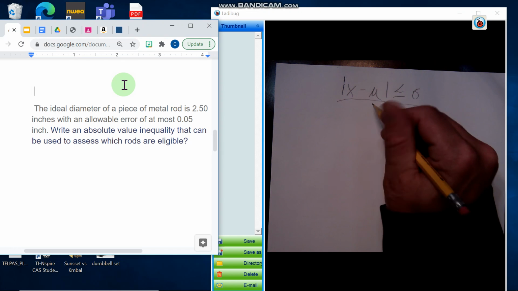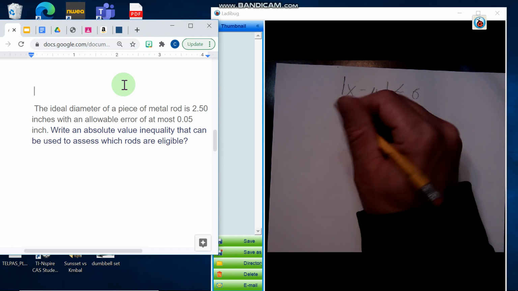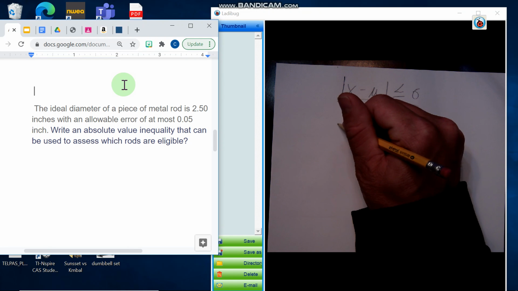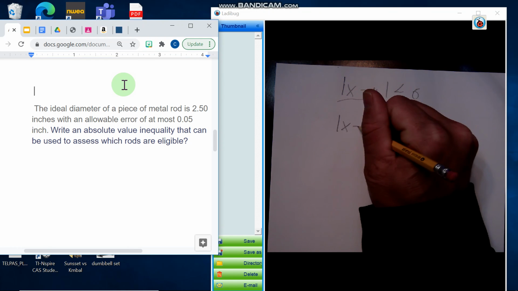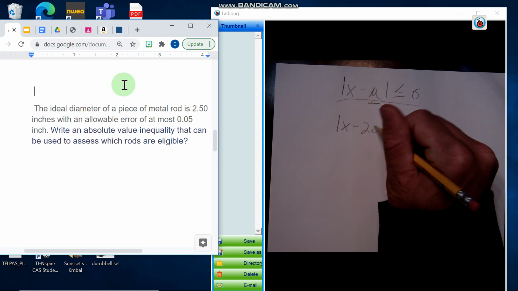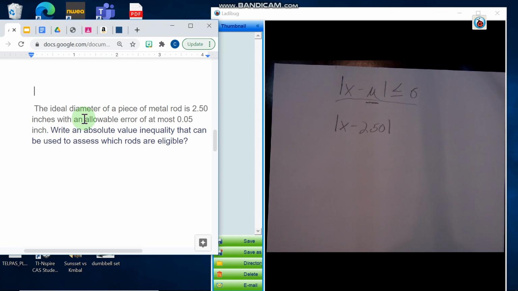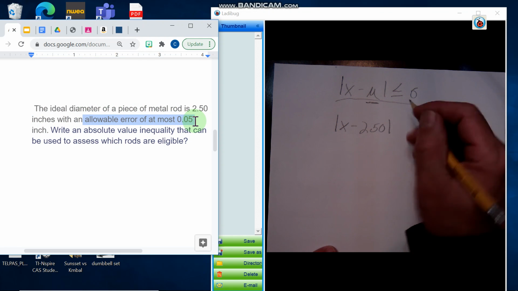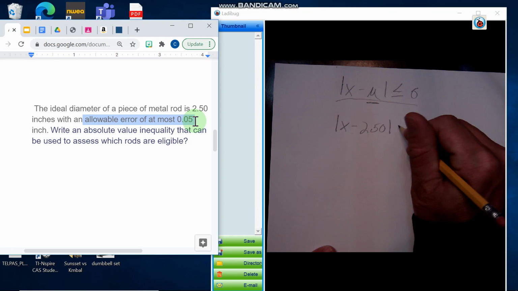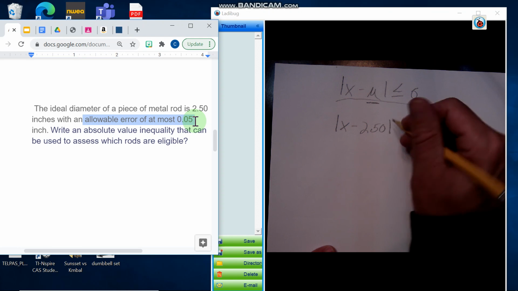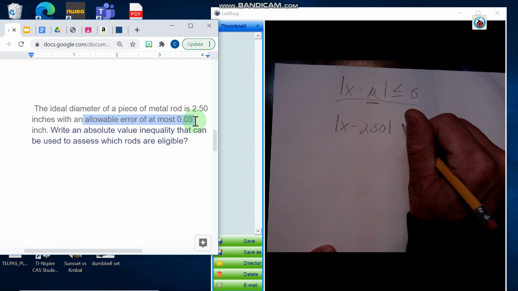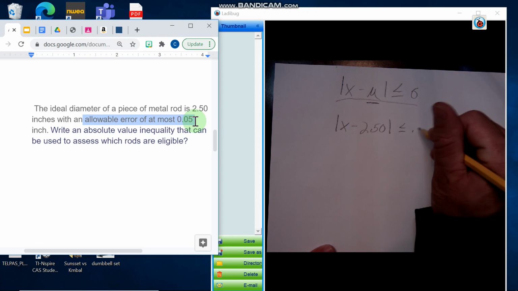That will be our average, the ideal amount. So we've got x minus 2.5. And the allowable error, that was one of the words similar to deviation or tolerance or variance, give or take, is less than or equal to that 0.05.